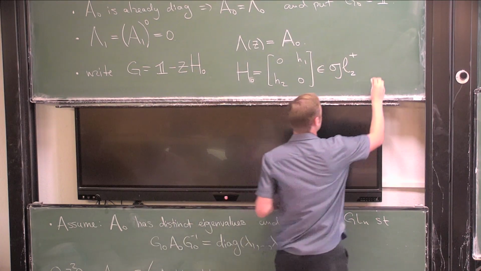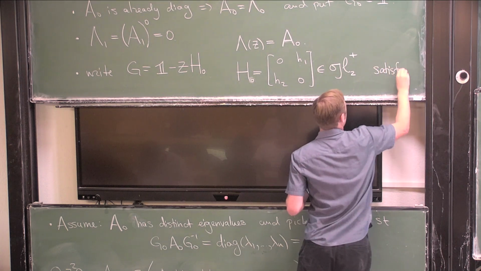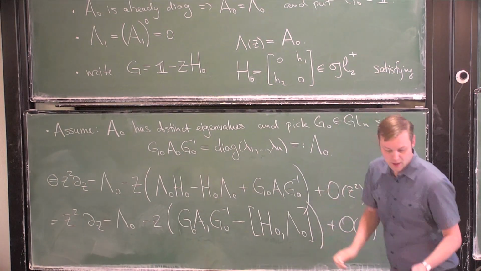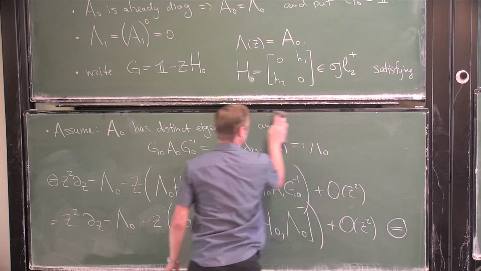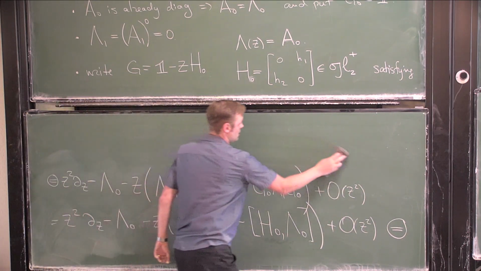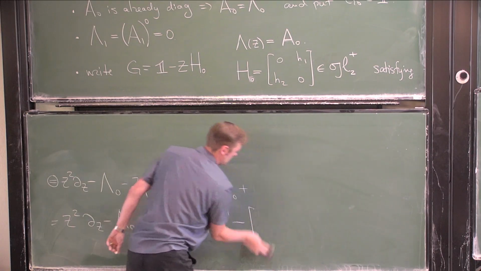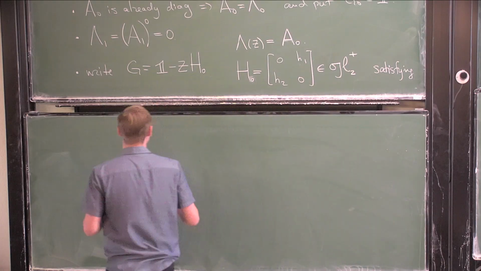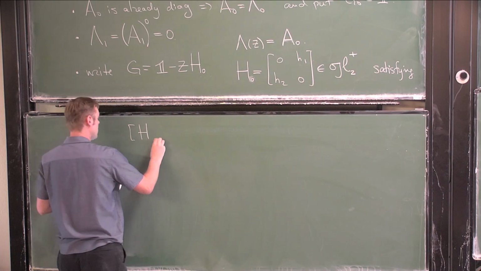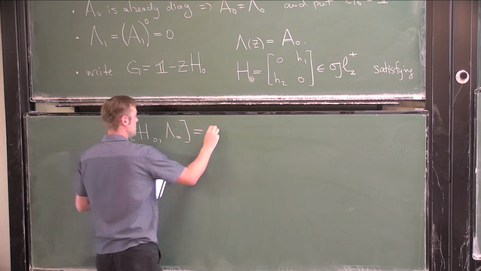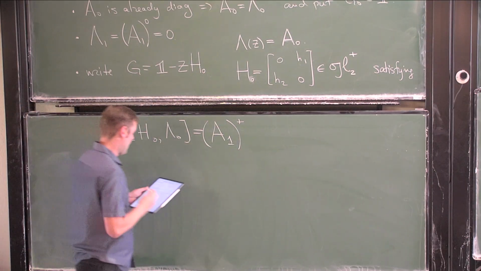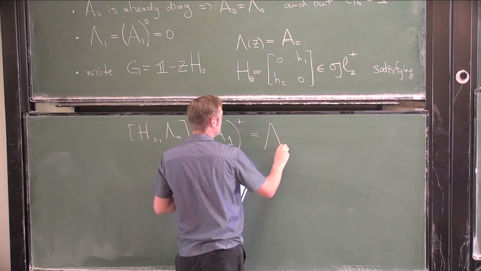And so this is supposed to satisfy this identity: h naught lambda naught is supposed to be the off-diagonal part of A1, which of course is just all of A1.